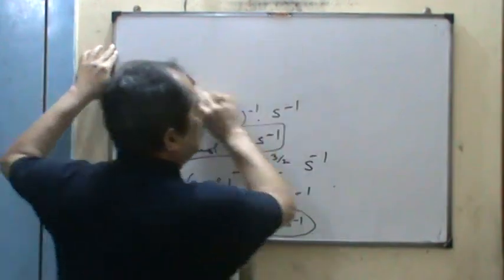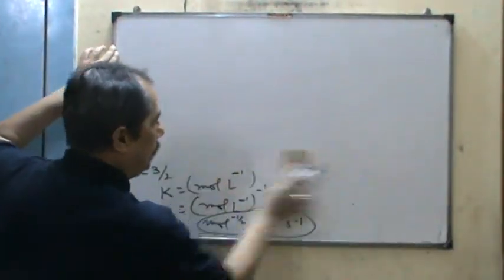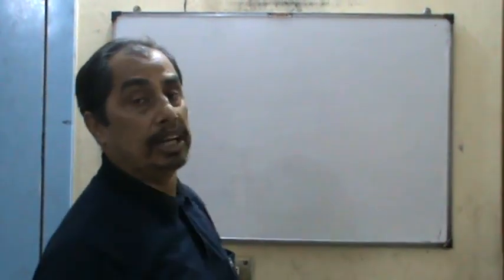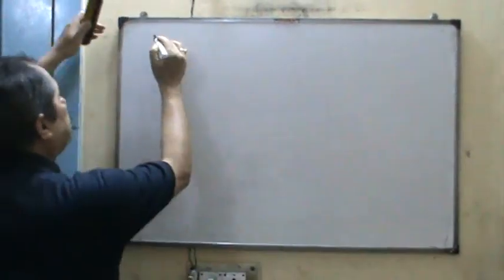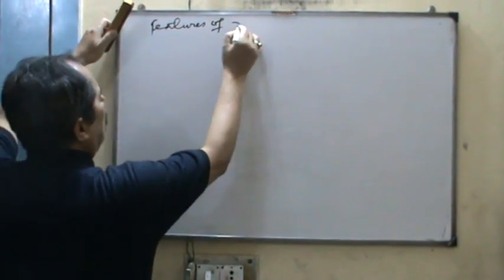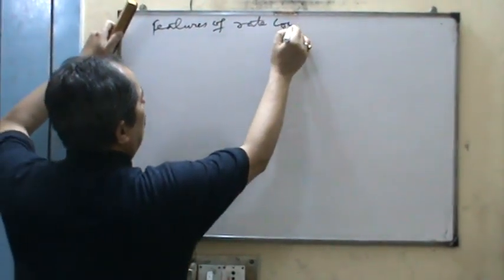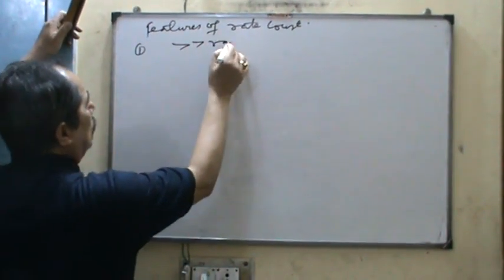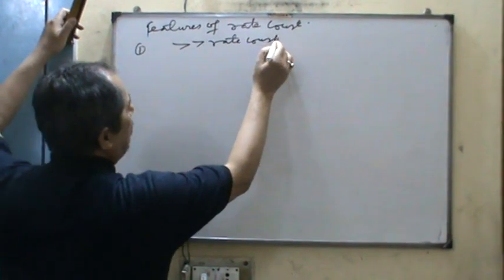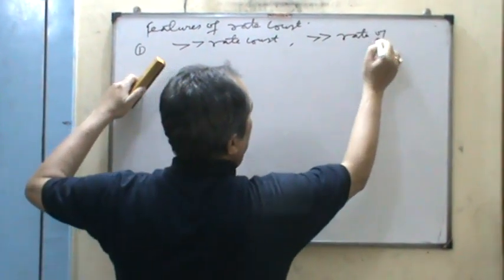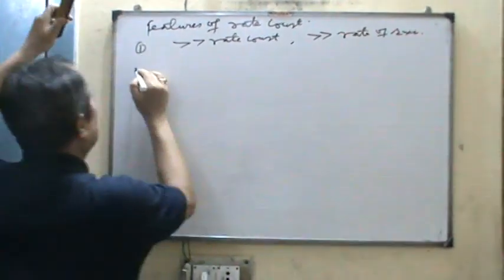So this is all about how to calculate the unit of rate constant. Then you can ask me what are the features of the rate constant. So see, features of rate constant. First, the more the value of the rate constant K, the faster the rate of reaction.